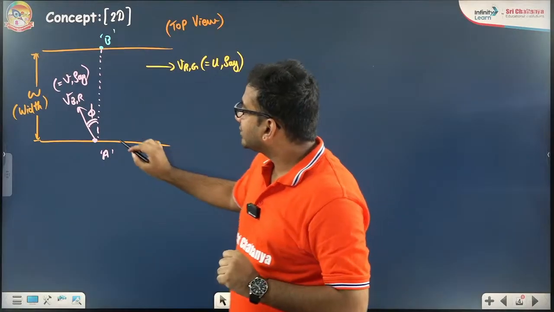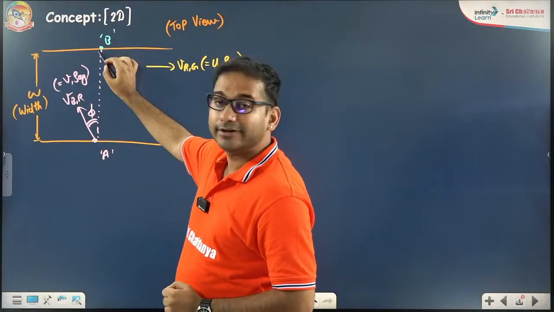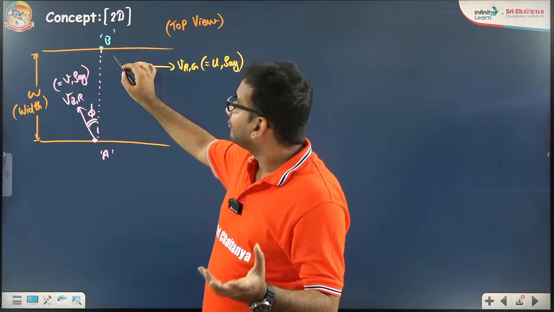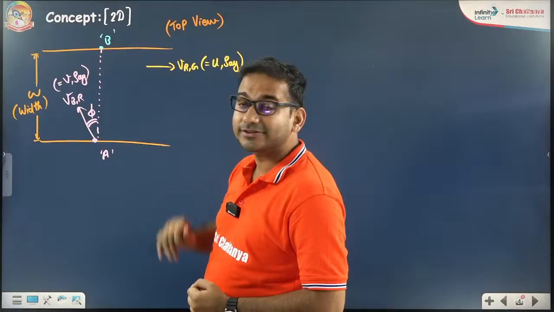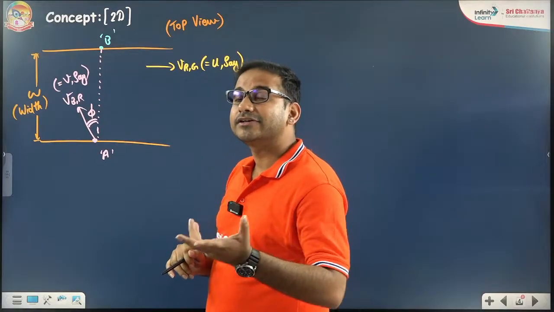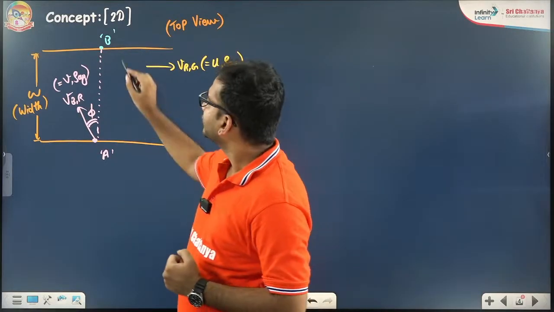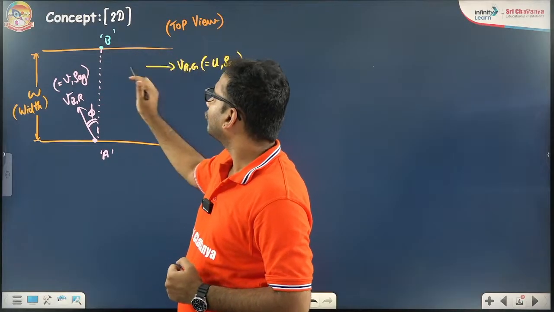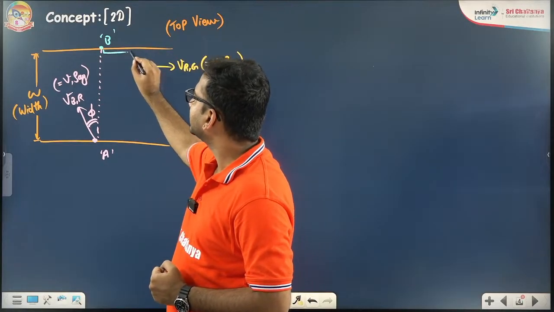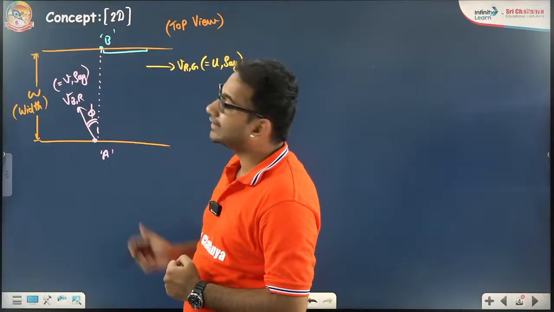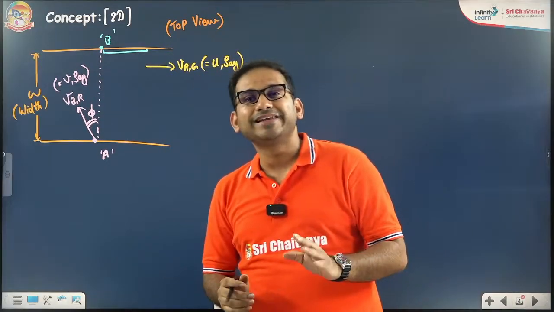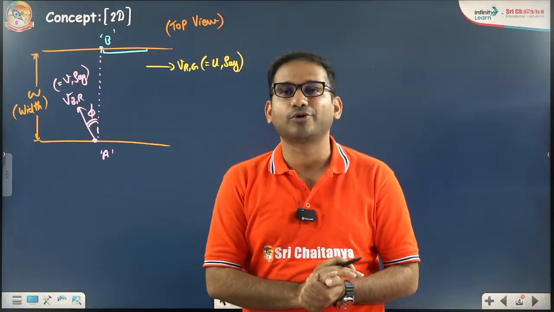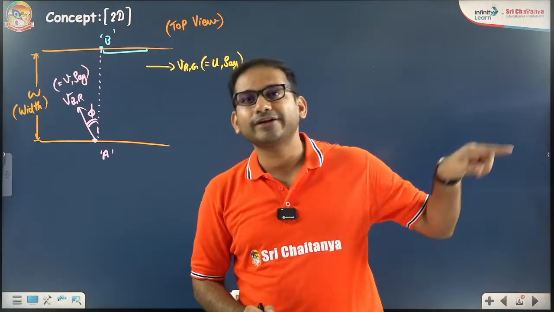Number two, when this boat or swimmer crosses the river, where it reaches. Suppose the boat or swimmer has already crossed the river, and I want to get the idea where it has reached. Because of the flow of the river, there is a chance that it will travel some distance in the direction of flow. Again, you are not dealing with a stagnant water body. You are dealing with a flowing water body.